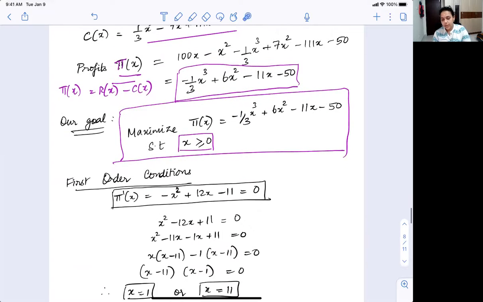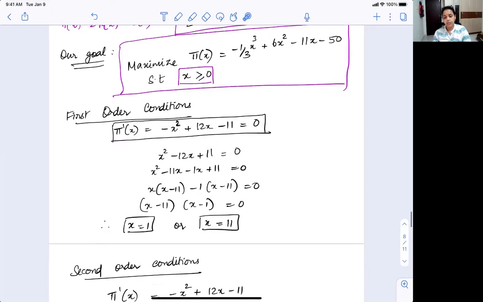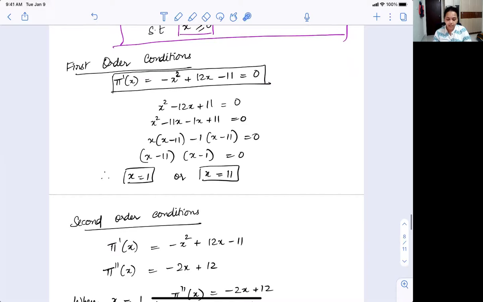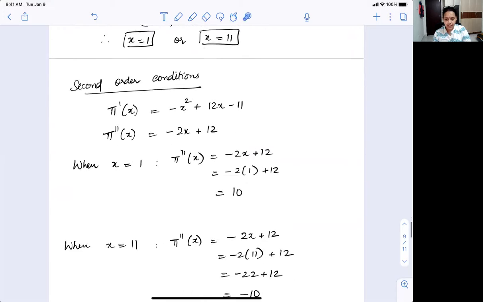So what's the way to do it? We start by doing the usual first order conditions where the first derivative is equated to 0, and we find that the first derivative is 0 at X is equal to 1 or at X is equal to 11. Now to know which of these are maximum and minimum points, we look at the second derivative, and that happens to be minus 2x plus 12. We evaluate the second derivative at each of these X values.